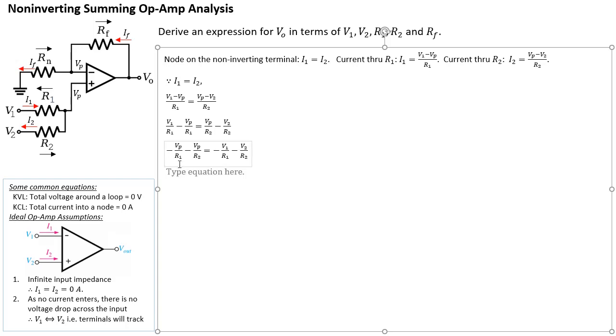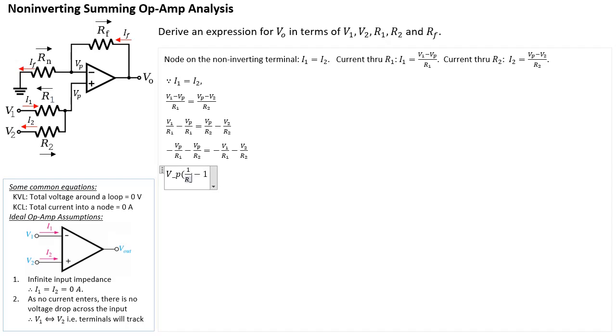Then I will factorize VP. So I'm going to have VP, and inside the bracket will be 1 over R1 plus 1 over R2, because we have converted everything by multiplying both sides by -1, so everything becomes positive.